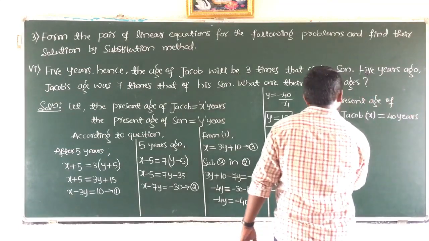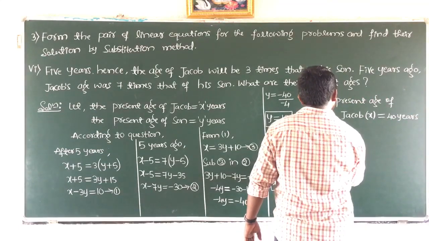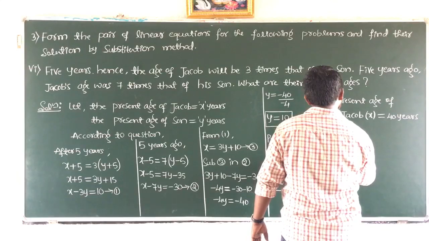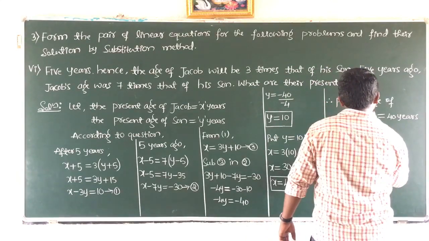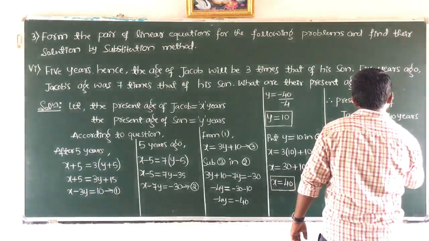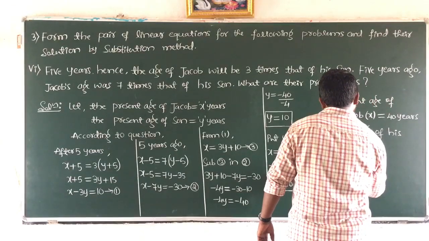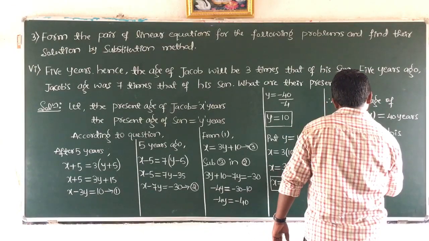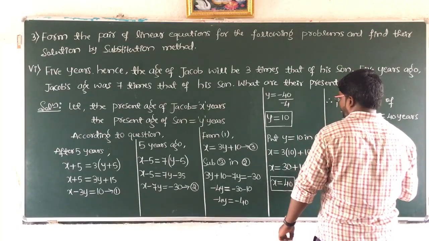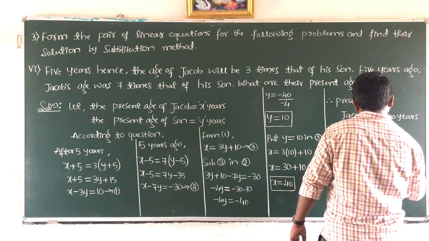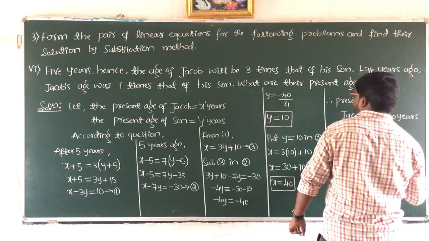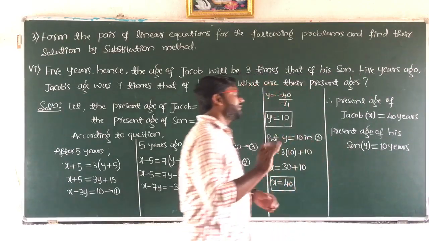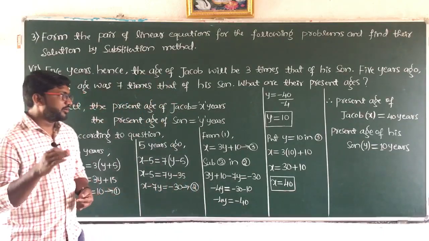And then present age of his son, that is y, which is equals to 10 years. So this is all about the sixth sub question. So with this we have completed the exercise 3.3.